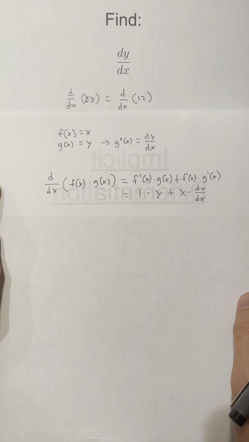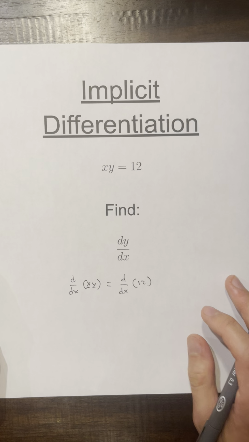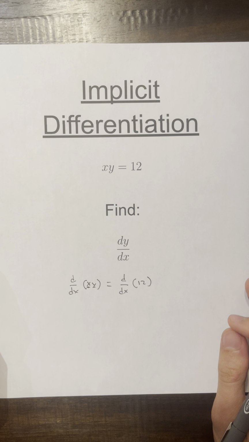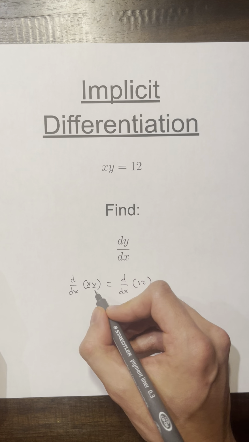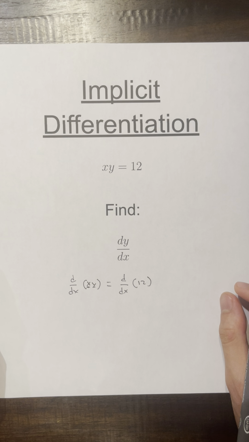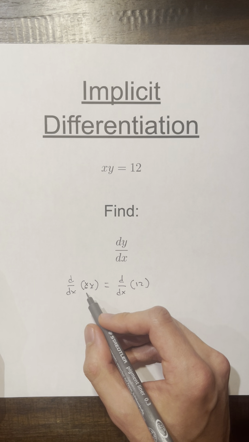I'm going to put this sheet of paper away, and we're going to try to recall what we just did from memory. Ready? Okay. So what rule did we use just now? We used product rule.